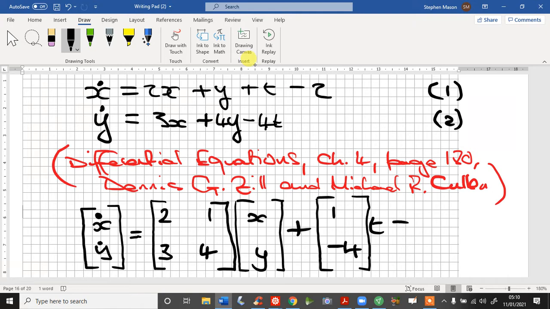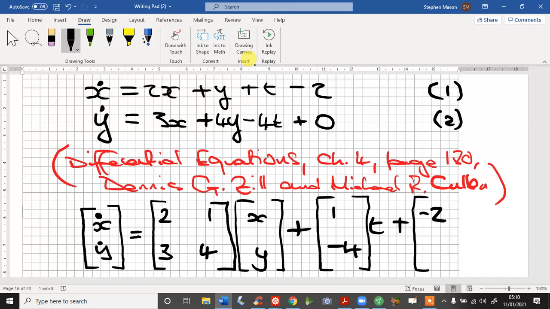And of course, we add on the constants, which are in the first entry, we've got -2. That's the constant in the first coupled equation. And in the second equation, we've basically got +0.